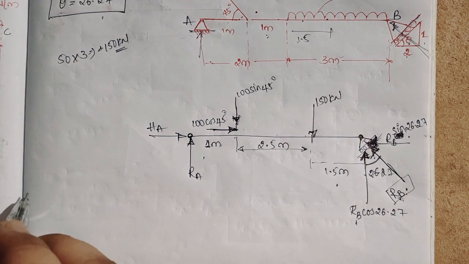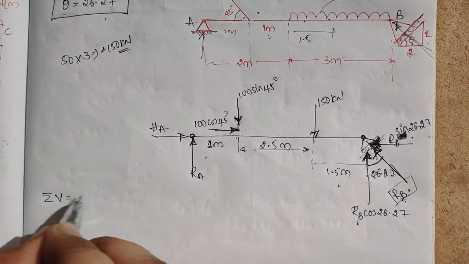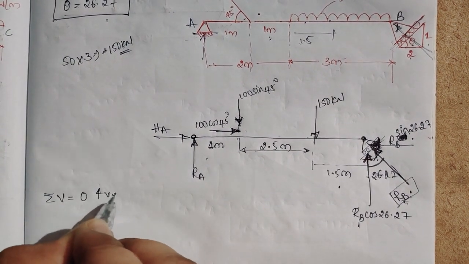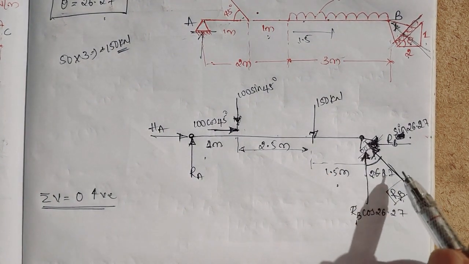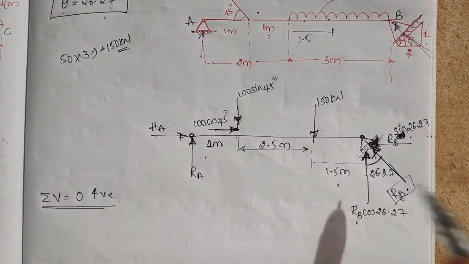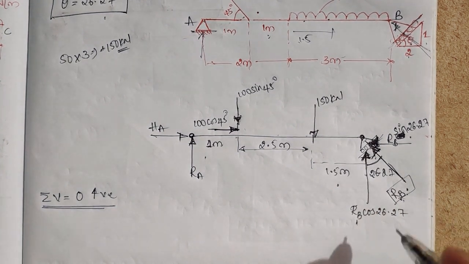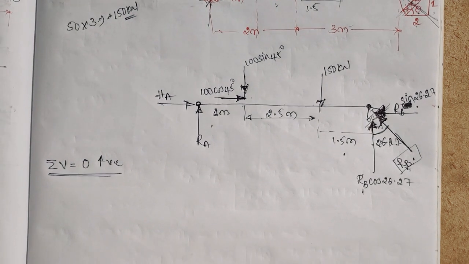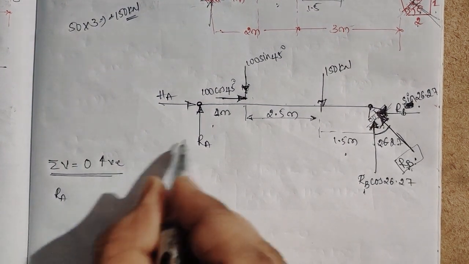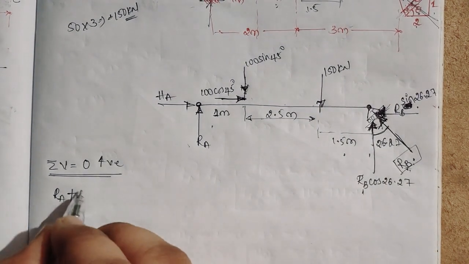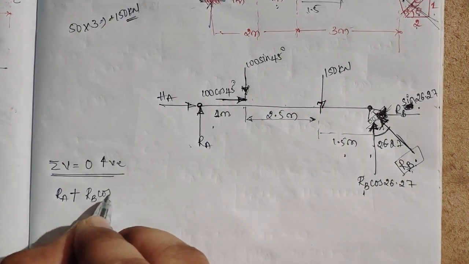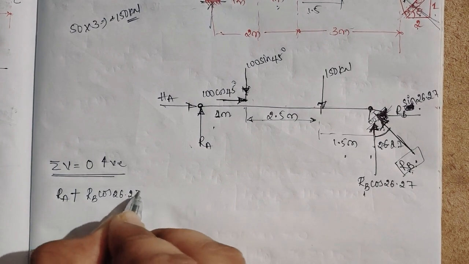Now we'll go to the routine, that is summation of vertical forces equal to 0, taking upward as positive. So just here we have to think somewhat, so that we can resolve the components of forces. Then there is nothing in this problem. It is easy like other problems. See here, RA plus, we have to take the vertical forces only, RB cos 26.27.